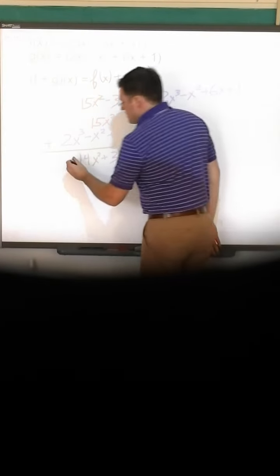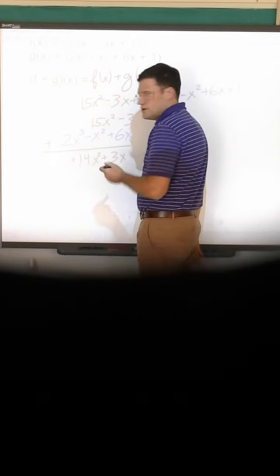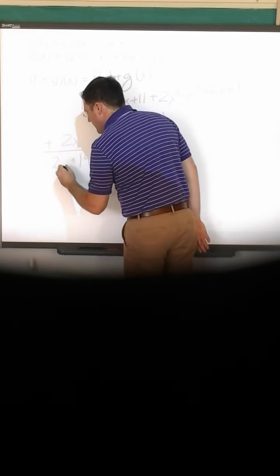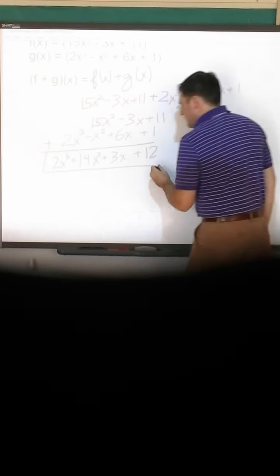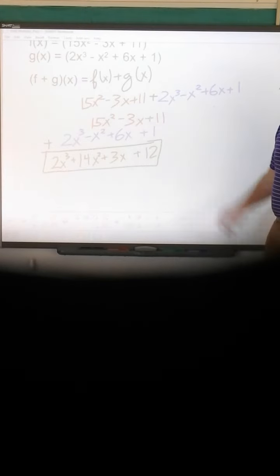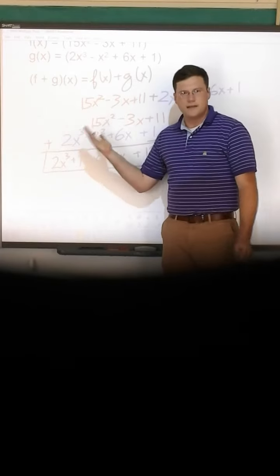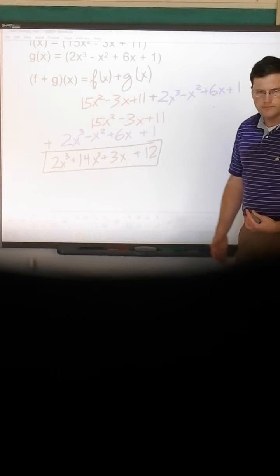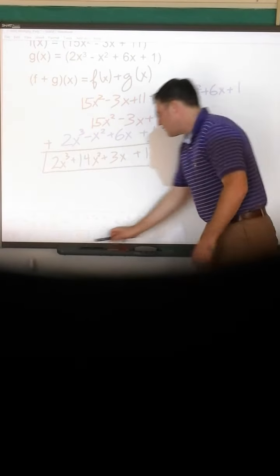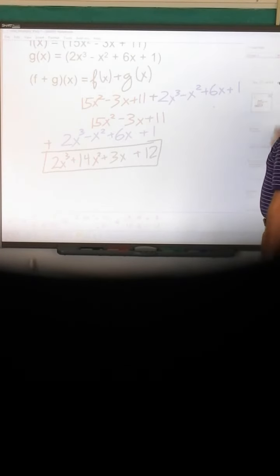And then finally, there's nothing on top of this 2x to the third, so I'm just going to leave it alone and have 2x to the third. And that's our answer. That's what f plus g of x equals. Okay? So there's one example. That's addition. Okay? And subtraction works similarly.